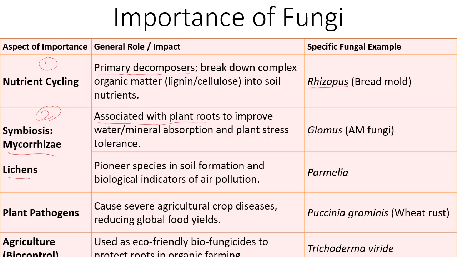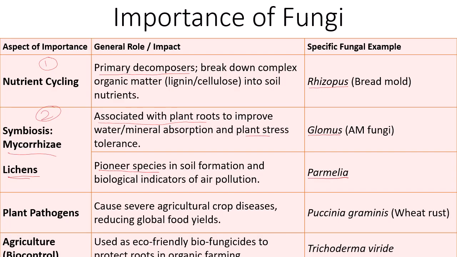An example is Glomus. Lichens are an association between fungus as well as alga, and they are pioneer species in the formation of soil and they are biological indicators of air pollution, and the ideal example of lichen is Parmelia.